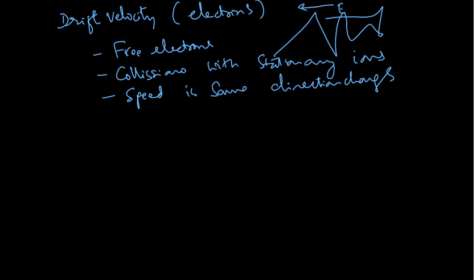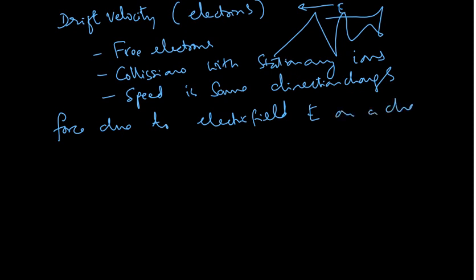If you remember, the force due to electric field E on a charge Q, we did this: F is equal to EQ. I asked you to remember F is equal to EQ.